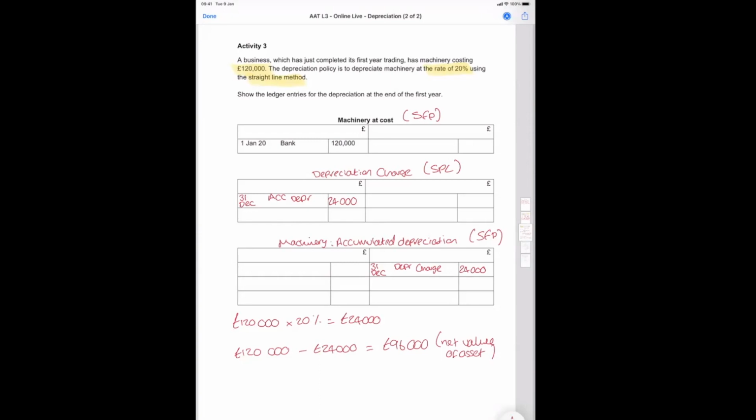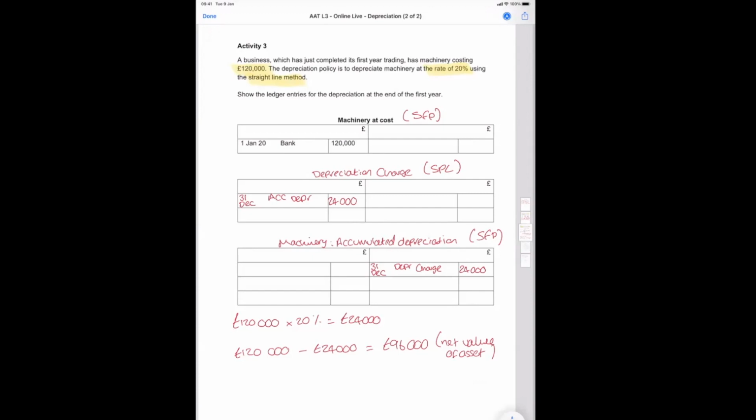Now, this is also part of our year-end adjustment. One other thing that we're going to have to do, because this is at the end of the year, is we need to transfer the amount within our depreciation charge account to the statement of profit or loss.